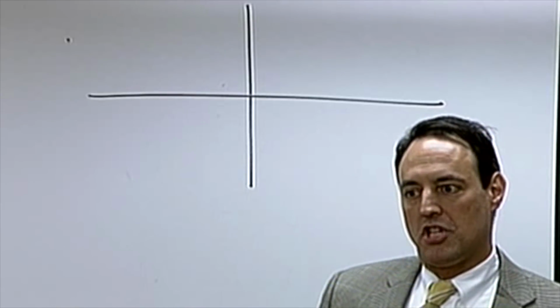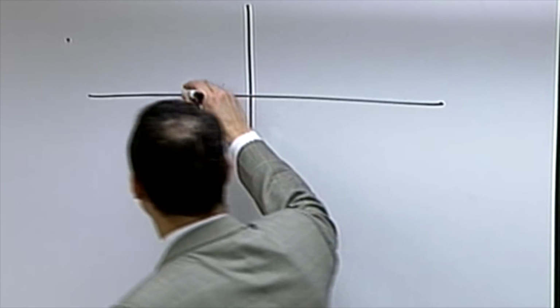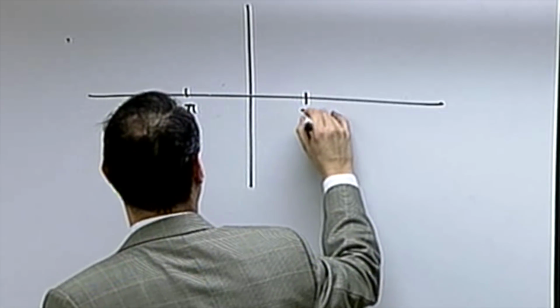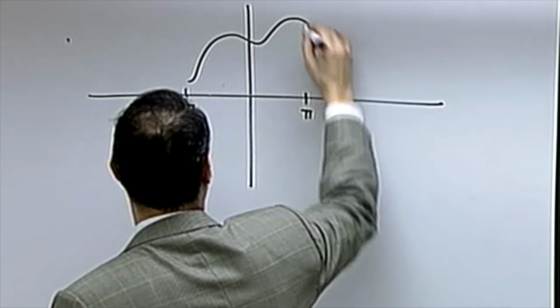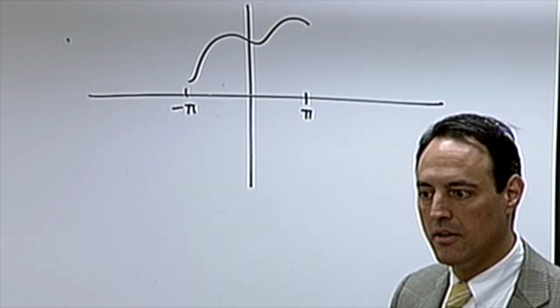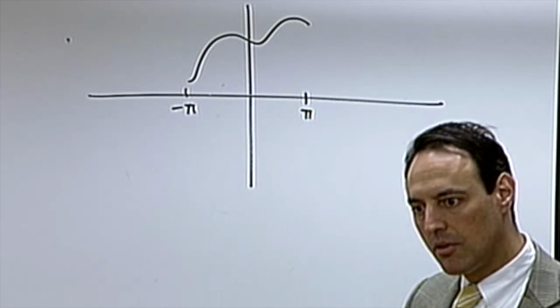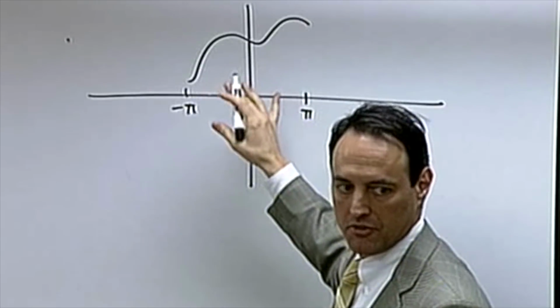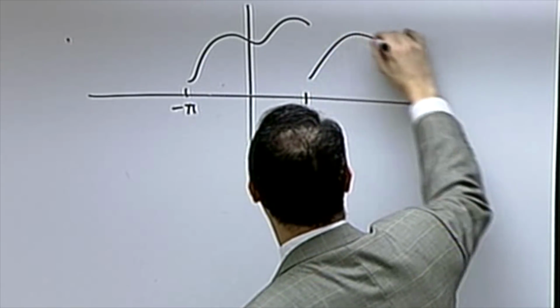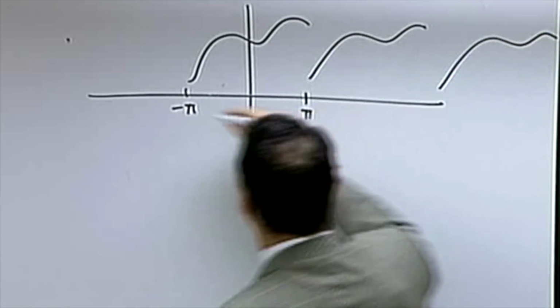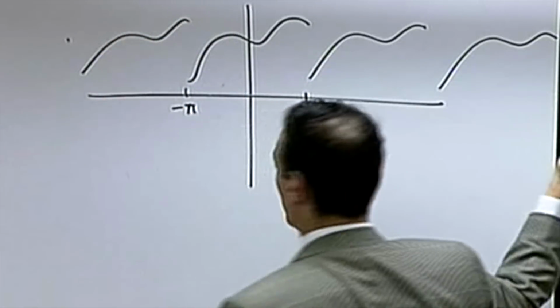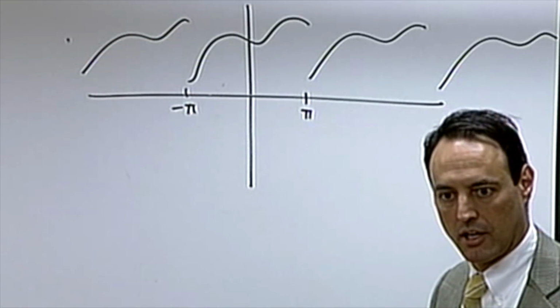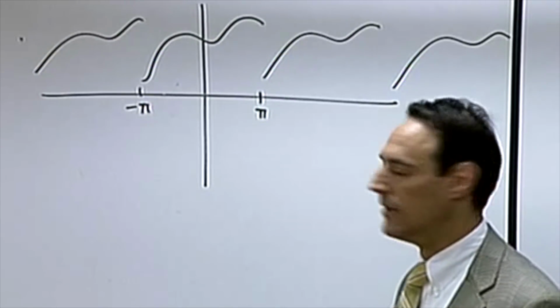Essentially what you do is you take some function f of x, I don't know, say it's something like that. And when you do this expansion, essentially what you're doing is a 2 pi periodic extension of this thing. So it's some function like this. It's periodic. That's it. Okay.